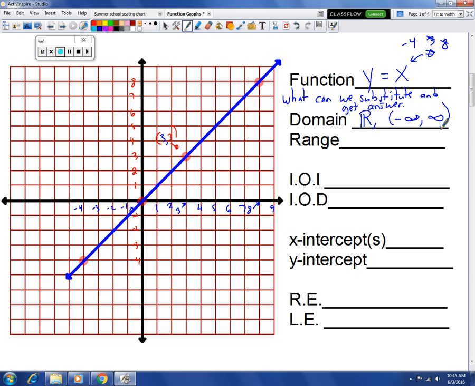Alright, range. Okay, range. Now range, let's go back to domain just for a second. Domain are x values. What do I plug in? Alright, range are answers, or y values. What kind of answer do we get when we substitute in our x number? Well, I go over to the y value.